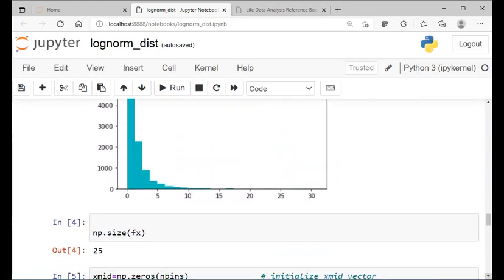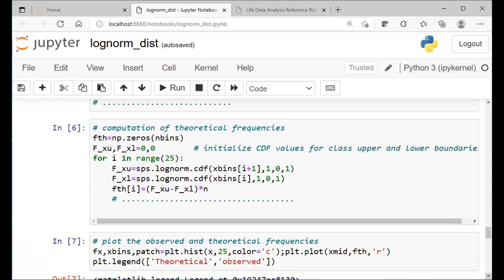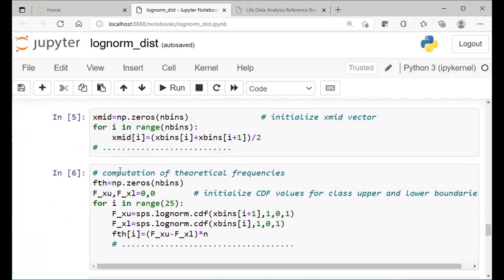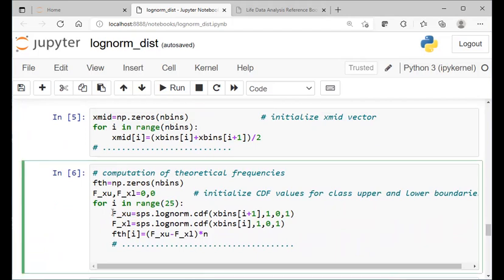The rest of it has a similar calculation. See here in this cell, the computation of theoretical frequencies has been done with the help of functions available for the log normal distribution. So you now have two routes on computers: whether to use the functions of the normal distribution or the functions of the log normal distribution.